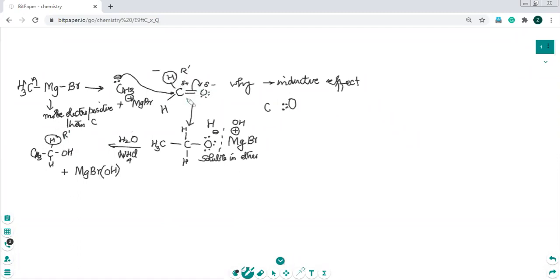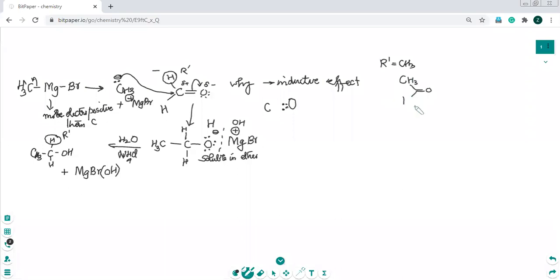So what is the starting material? I'll put R dash equal to CH3. So what should I do? I just put a CH3 instead of H. Now what is this molecule?